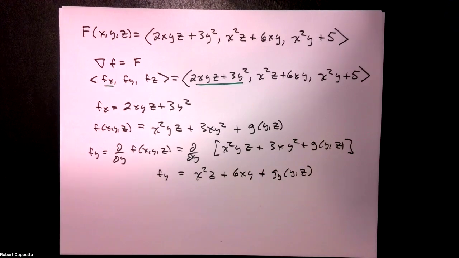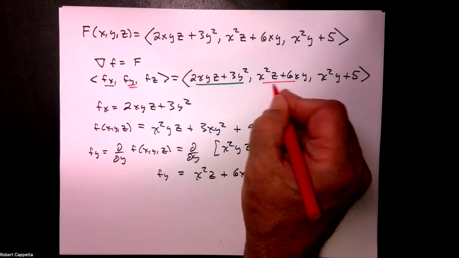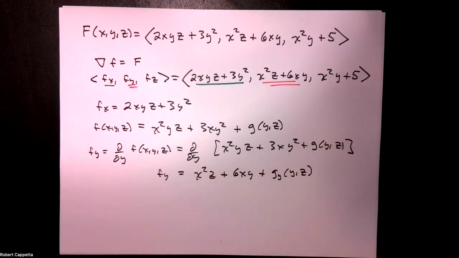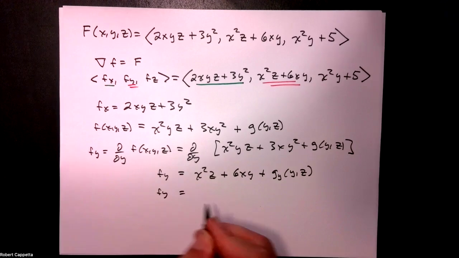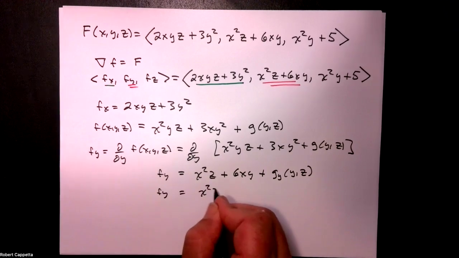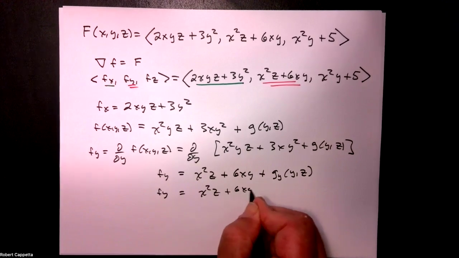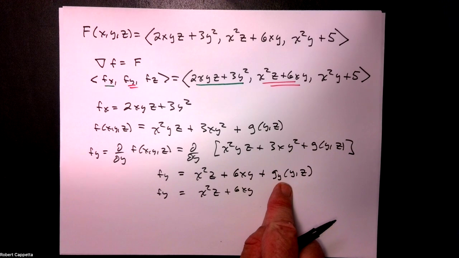But what do we know? What is f sub y? Looking above, f sub y was x squared z plus 6xy. Well, that's kind of nice. So knowing that, then what do we have? We have f sub y is x squared z plus 6xy. So what does that mean? That means g sub y is going to be 0.